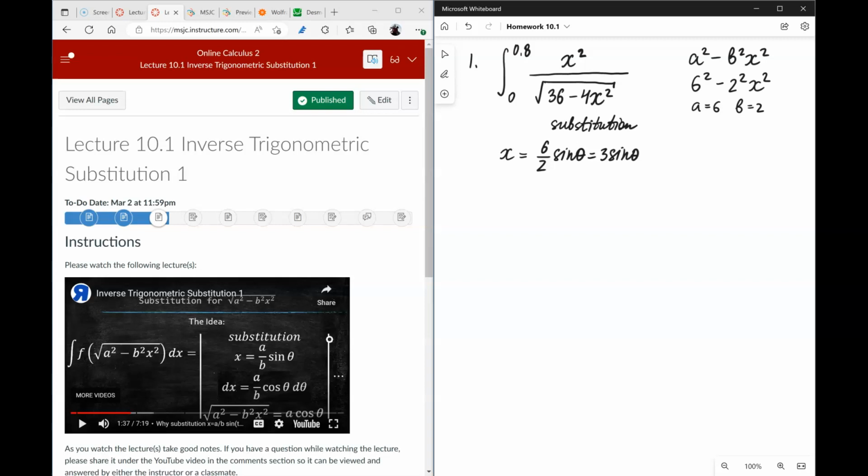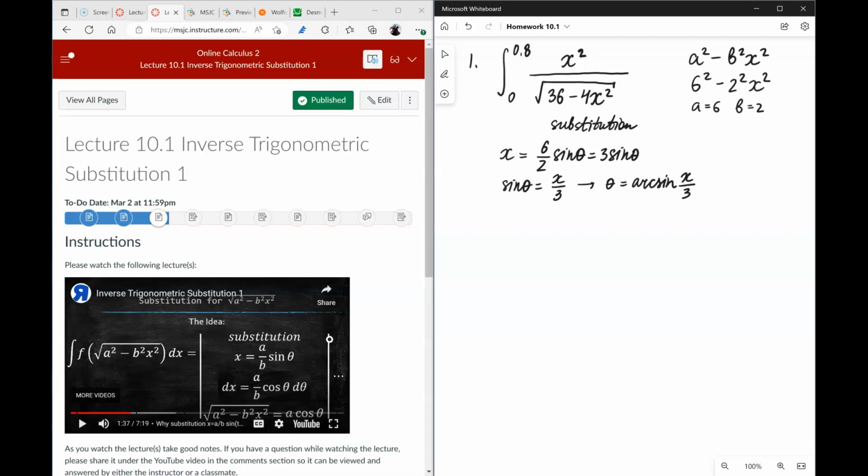That means sine theta is equal to x over 3, and theta will be equal to arc sine of x over 3 if x is within a certain interval.